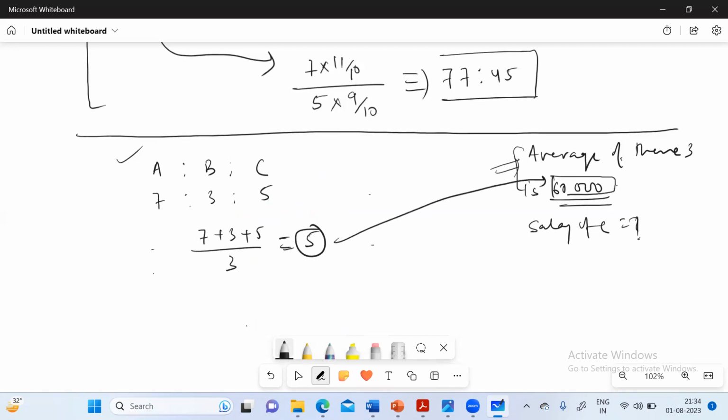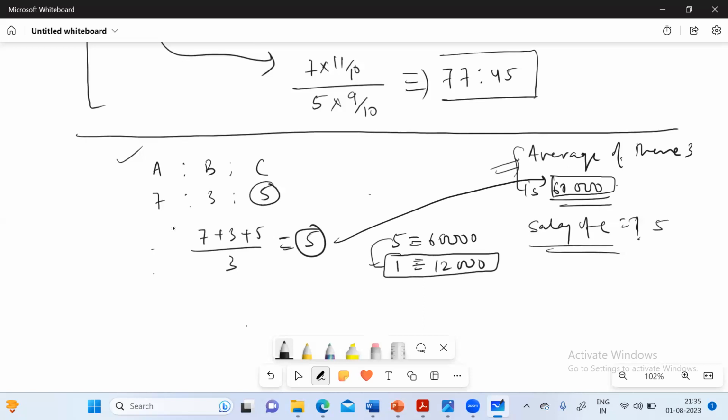So you can be a little smart here. You don't have to calculate the multiplier here. Why don't you have to calculate the multiplier? Because they are asking the value of C, which is 5 only. Although I have written the multiplier here by this statement, you don't have to calculate it, because the salary of C is 5 only, even in ratio terms.